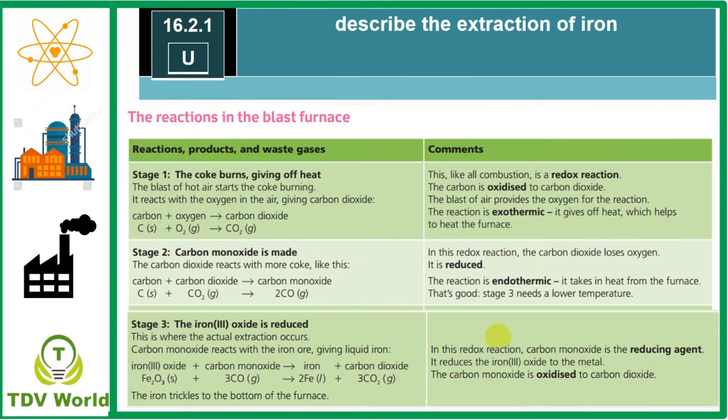You should remember these reactions and the waste gases, and from which stage each waste gas is produced. You should know all these reactions, and specifically you should know the comments. Reactions and comments are very important as per your examination.